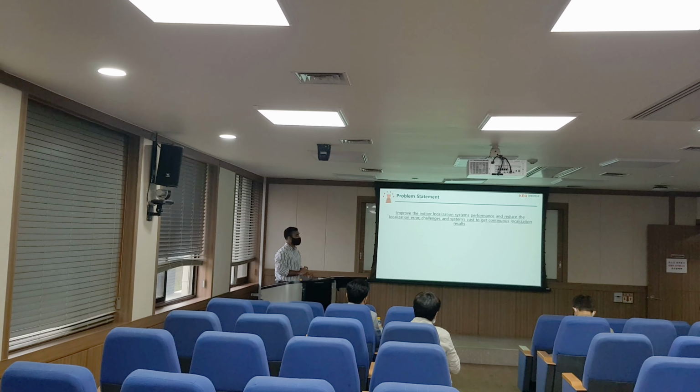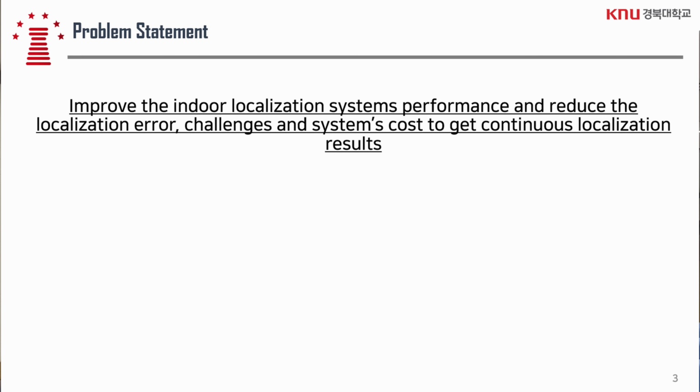So the problem statement of this thesis is to improve the indoor localization system performance, reduce the localization error challenges and system costs, and get a continuous localization result. To achieve these goals, we proposed different localization algorithms.